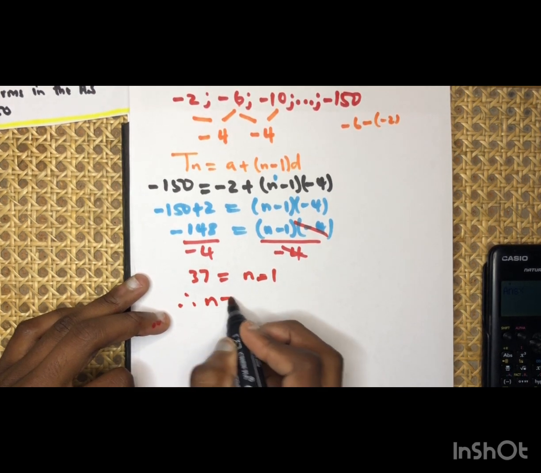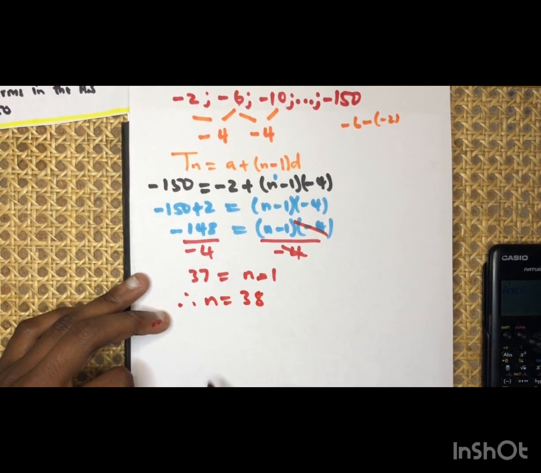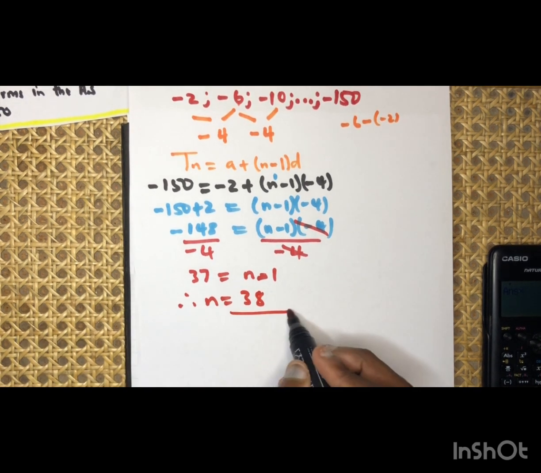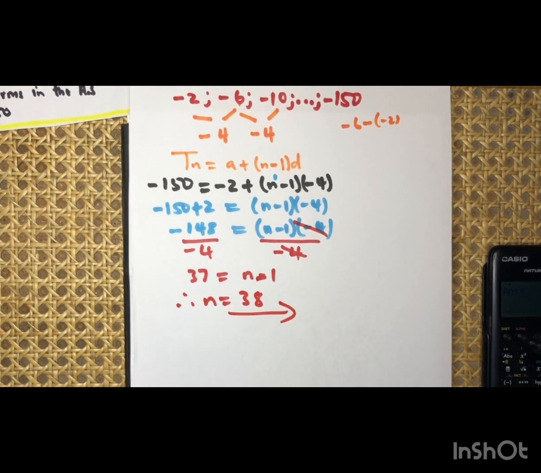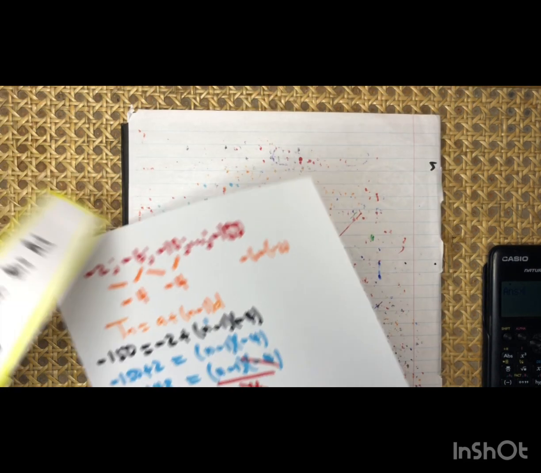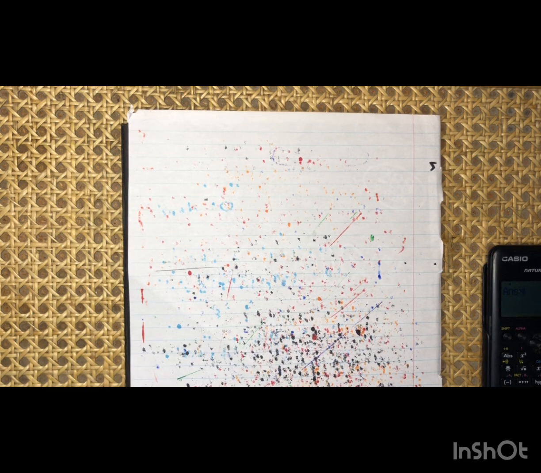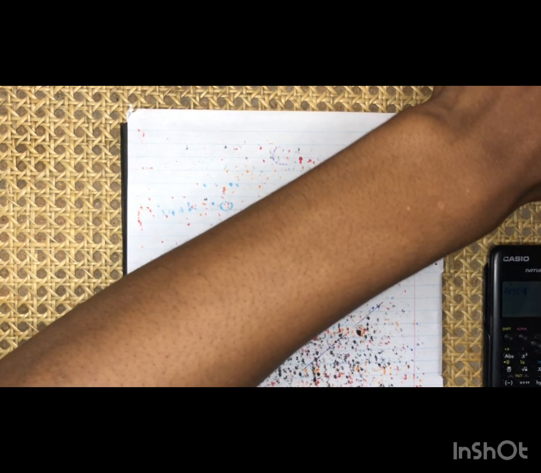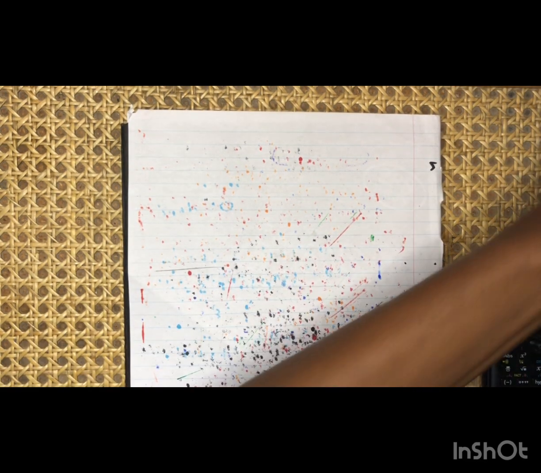So therefore your n is going to be 38. So the number of terms, we have 38 terms here. That was easy, guys. I know that you already have this answer. We got the same answers. I believe in you.